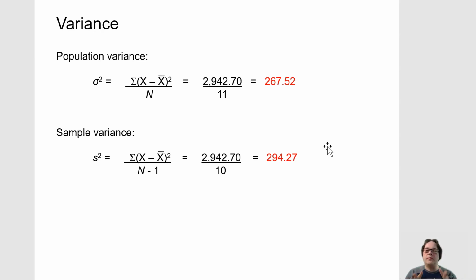So we divide by n minus 1 when we're using samples, because we recognize that there's probably going to be some discrepancies between what we find in our sample and what actually exists in the population because of sampling error, sampling bias, right?